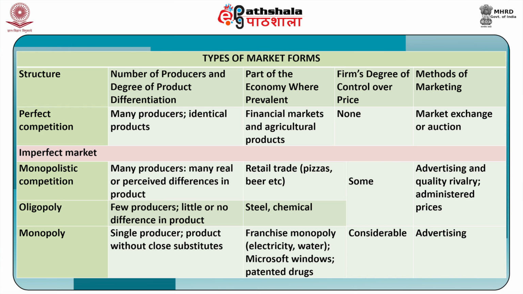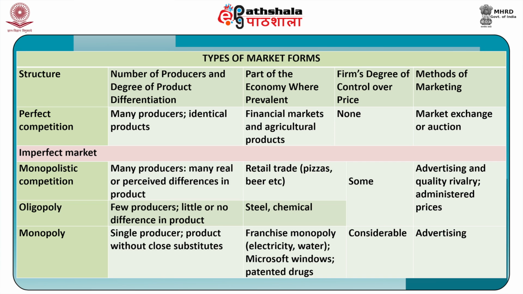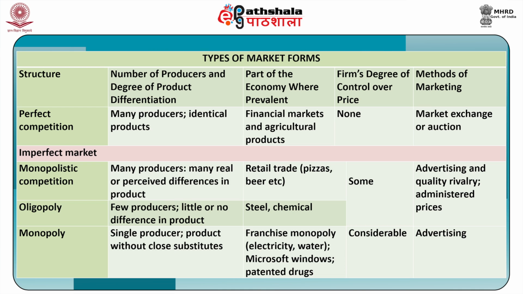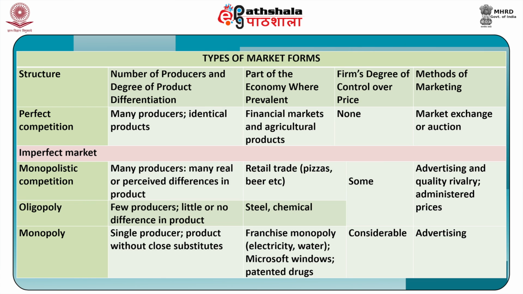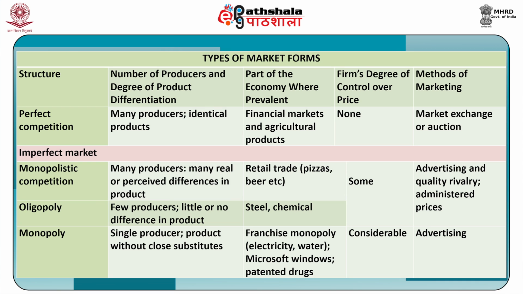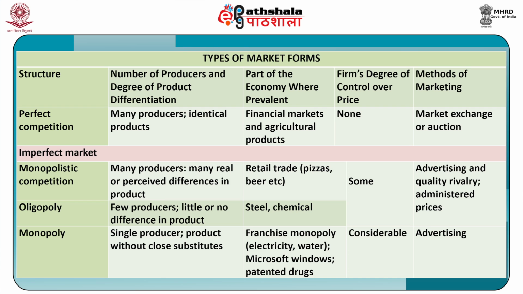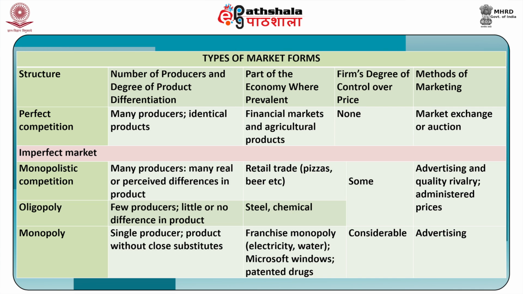This kind of market form is usually found in retail trade, and as far as the degree of control is concerned, there is some amount of control that the producer could exercise on the price. Basically, the method of marketing is through advertising and quality competition, rivalry, as well as sometimes there could be administered prices.